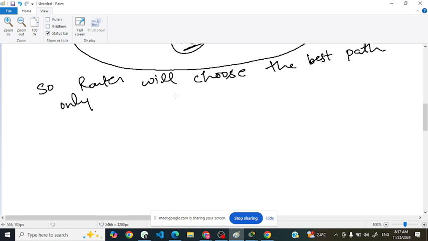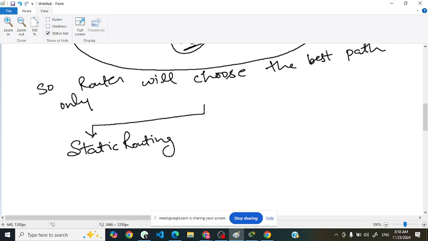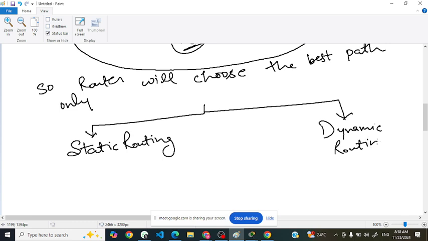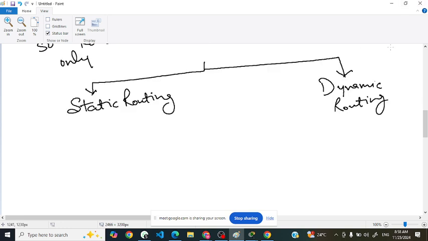So there are two methods of routing. First one is static routing, and second one is dynamic routing. Does anyone have any idea? Sir, static routing will be performed manually by the network administrator.